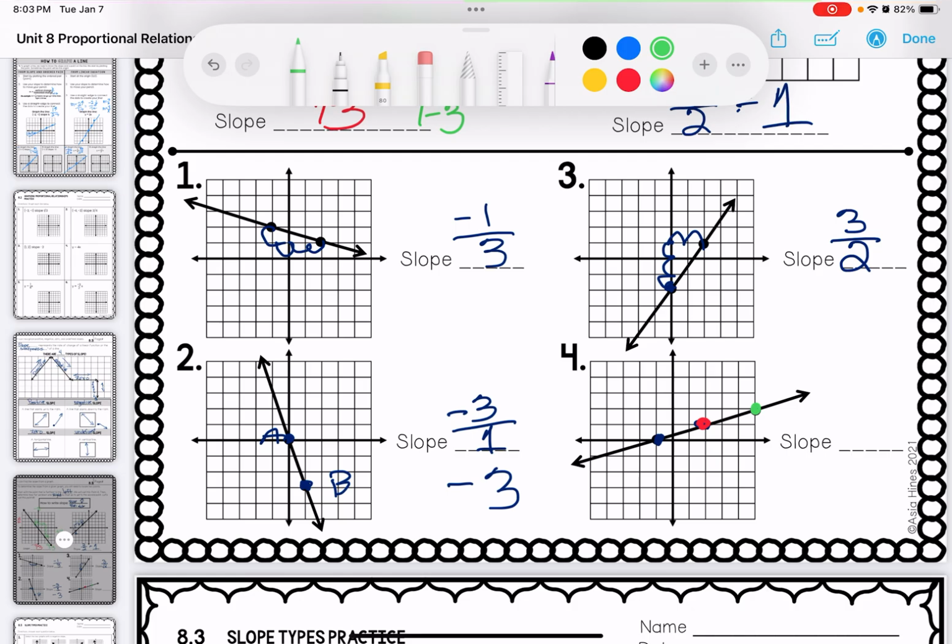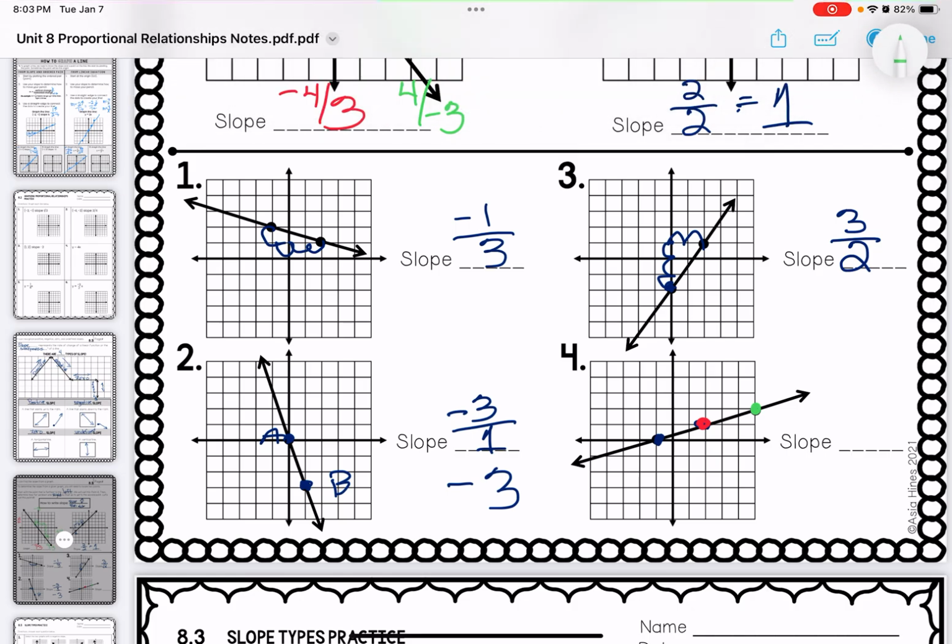Remember, you just have to go up and down for the first one, and then left and right for the second one. So go ahead, I'm going to give you about 30 seconds to do that.